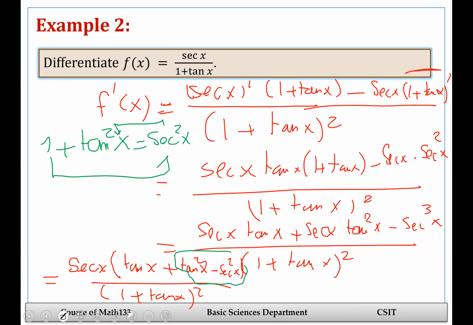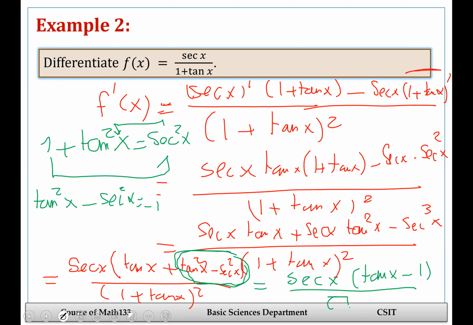So in total, another form of this identity is tan squared minus secant squared x equal to -1. Okay, so all what I have here in green, I will replace it by -1, and that is my result. So secant x times tan x minus 1 over the denominator, which is 1 plus tan x squared. And that's it. We can stop here. The derivative is factored, and that's good for later use.